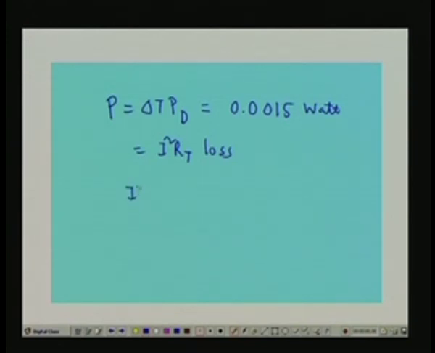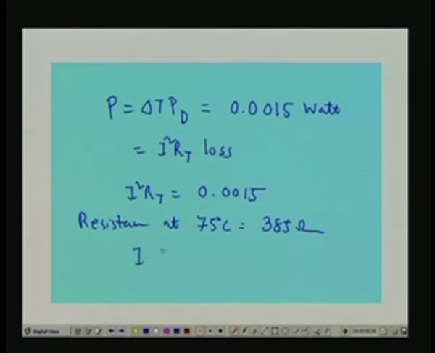If I write I square RT equal to 0.0015, the resistance at 75 degree centigrade will be, as we know, 385 ohm.